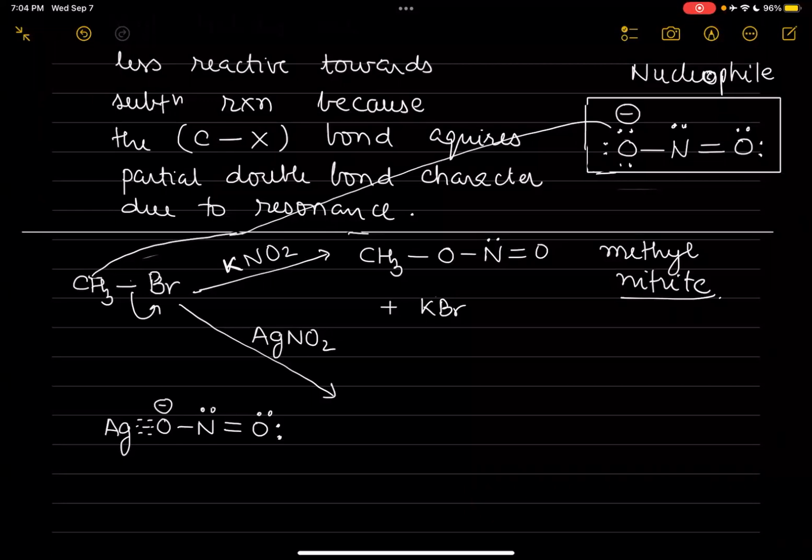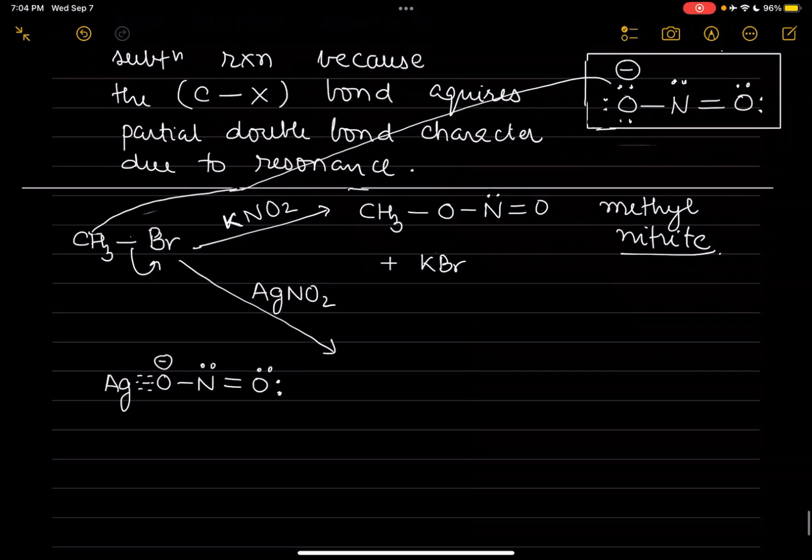So now the question comes to our mind, Ryan and Zen: oxygen is not free to attack, so who will attack? If O can't go and attack, initially with potassium, potassium was freed and O minus attacked.